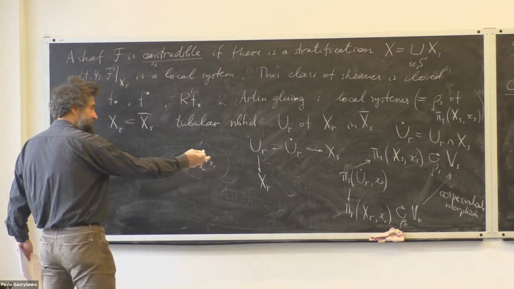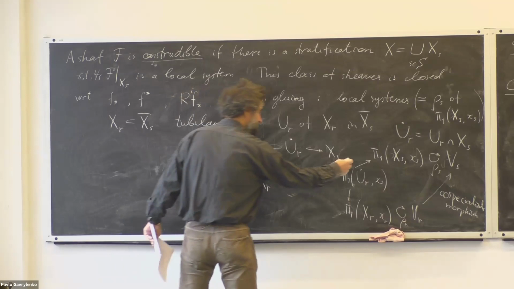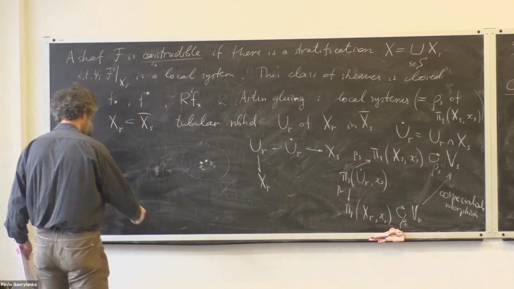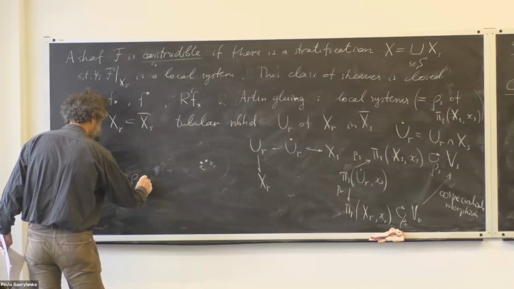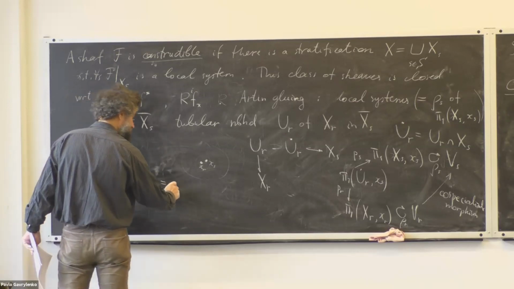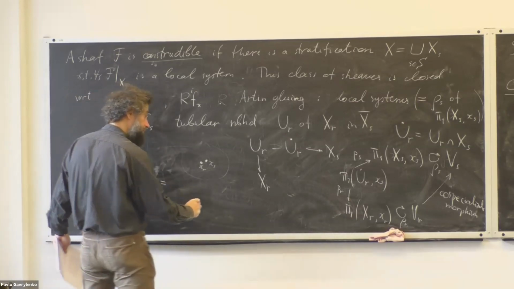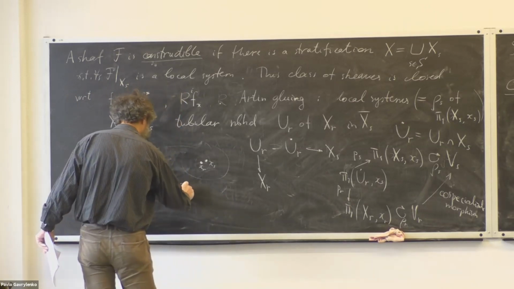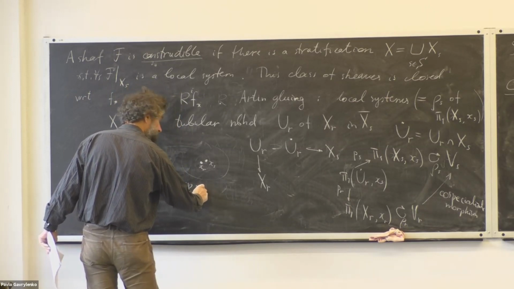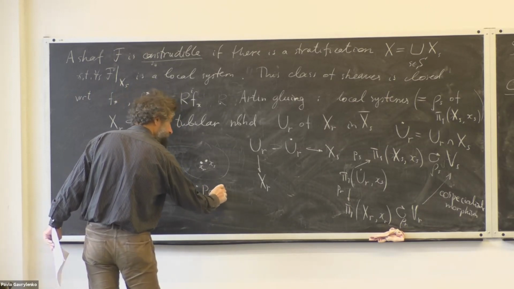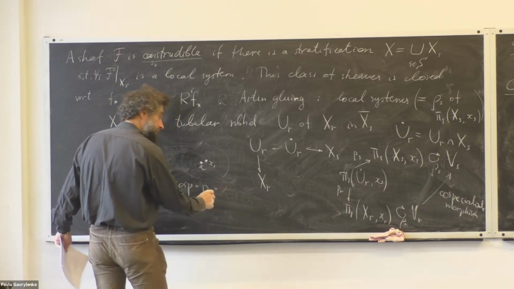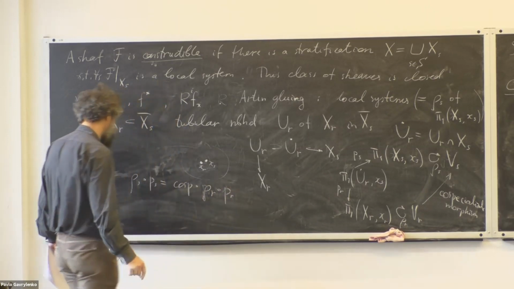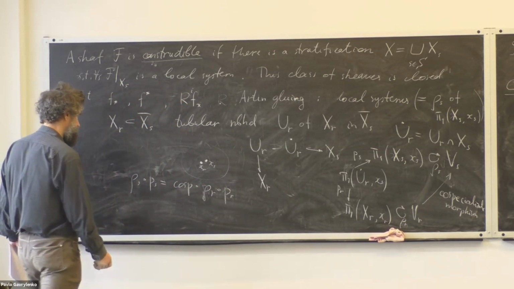Okay, so the compatibility is that the two maps, let me call them P_S and P_R. Then rho_S composed with P_S is the same as the co-specialization composed with rho_R composed with P_R. Yeah, this is true.